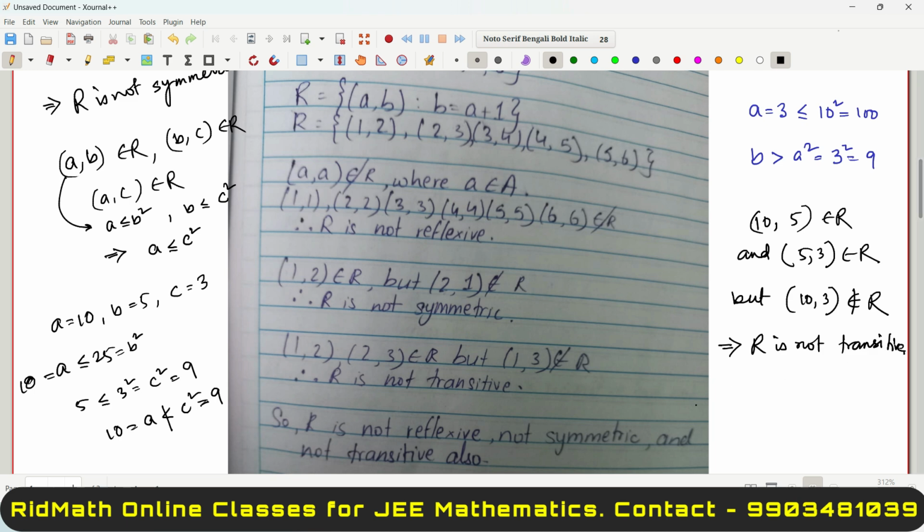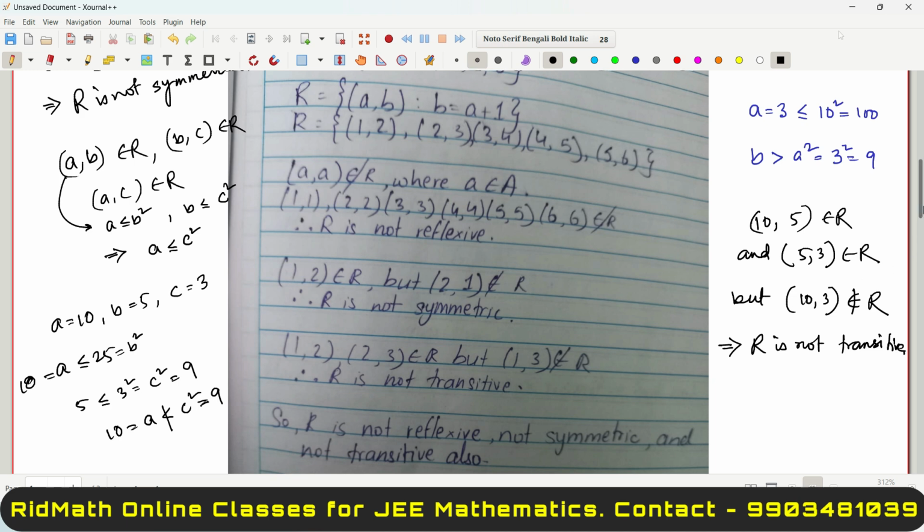So this relation is not reflexive, not symmetric, and not transitive. We gave some counter examples that violate the conditions that make a relation reflexive, symmetric and transitive.